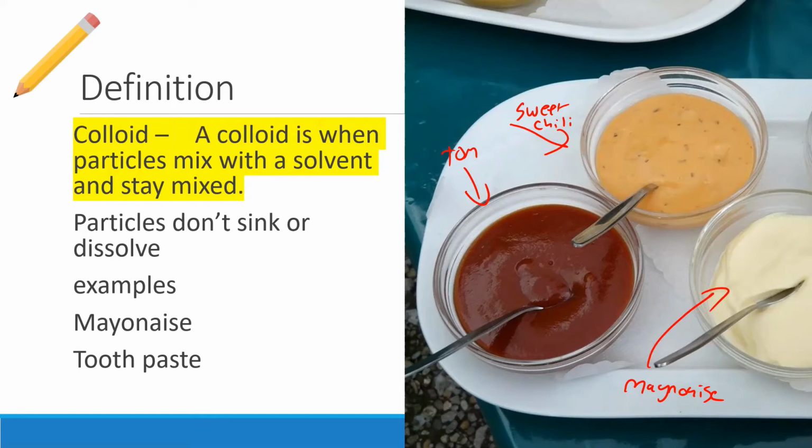And then what we're going to do after this is talk about the differences between what a colloid is and what a solution is and a suspension. But I can already give you some hints before we even get there. Can anyone see what happens to the spoon in this picture here?